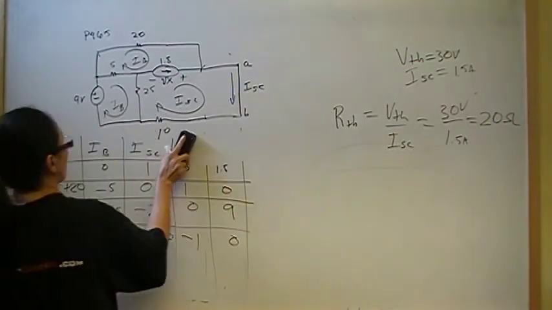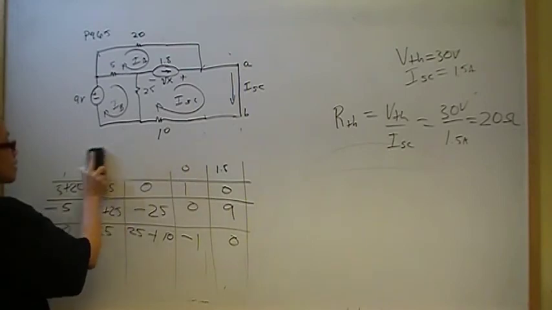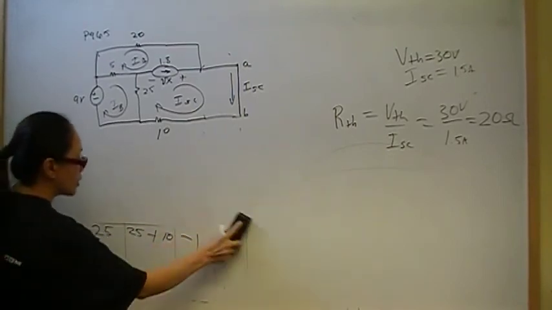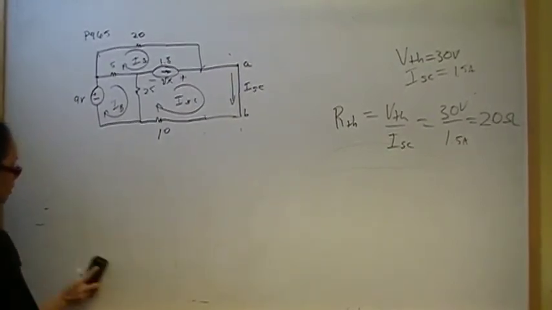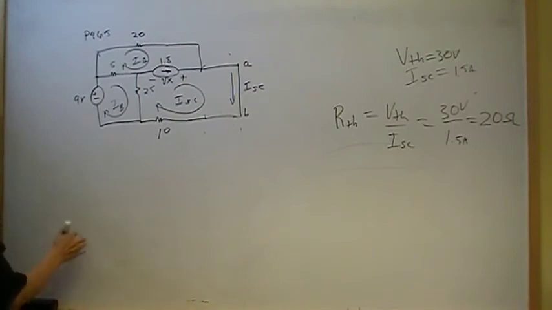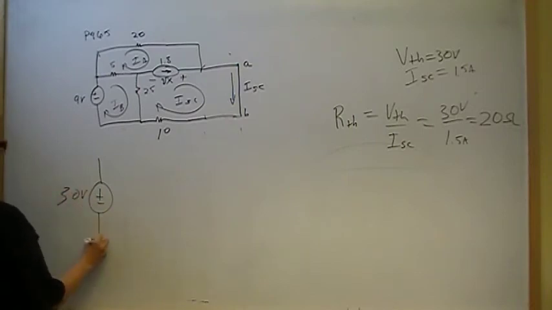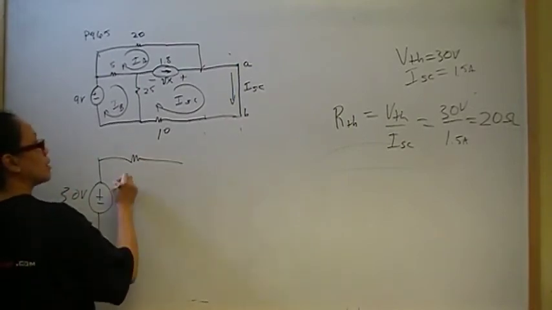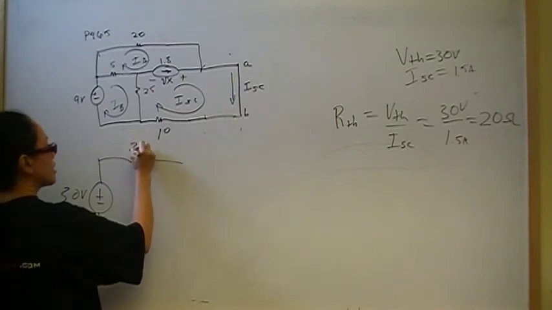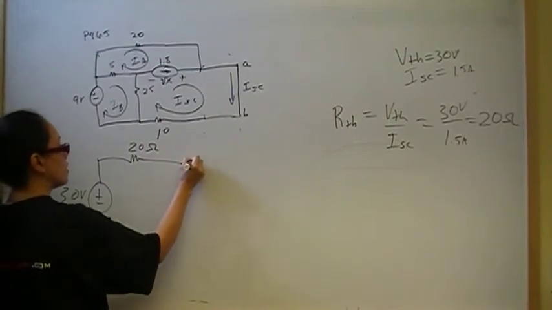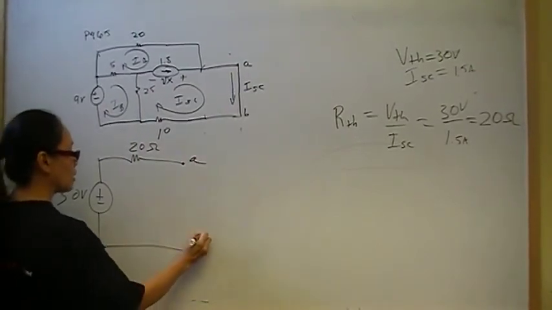Okay, so then the answer to part A is going to be plus minus 30 volts, and then 20 ohms, A, B.